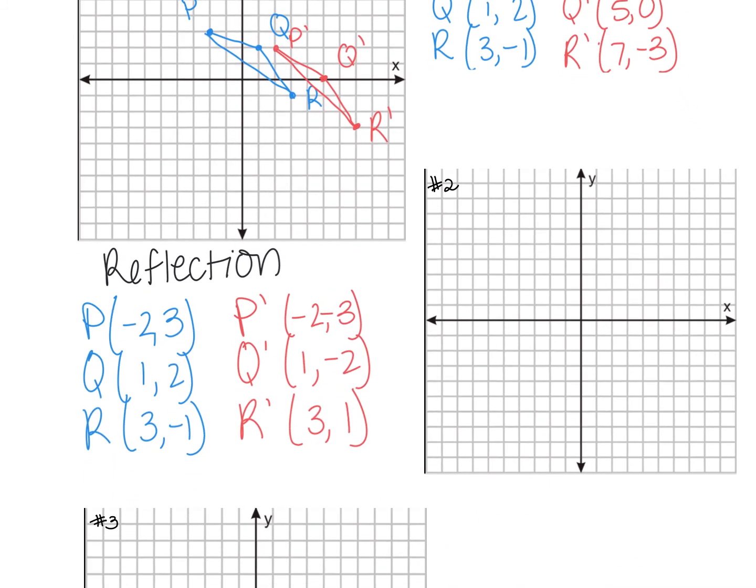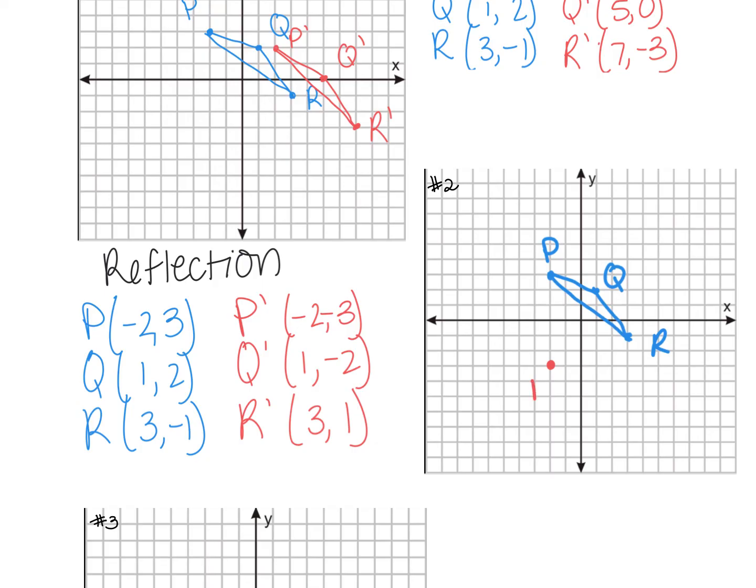Graphing them, I have (-2, 3). This is P. Q. R. And then using my new coordinates, I'm going to have (-2, -3).